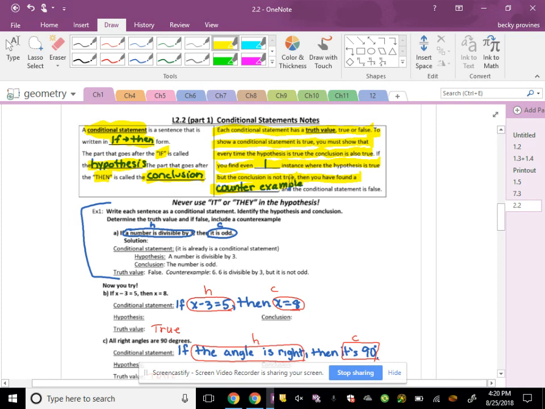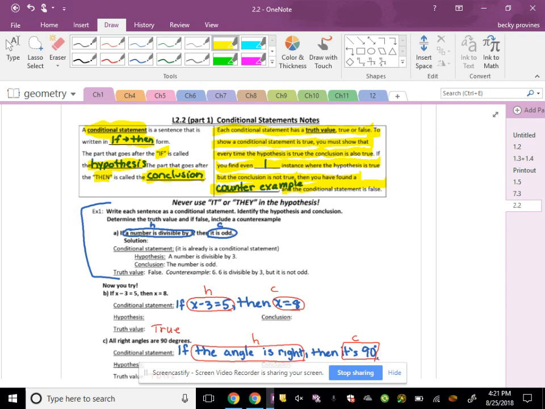That's important. If you can show me just one counterexample that proves it false, then you did your job. Even if you can prove it true 1,000 or 1,000,000 times, it doesn't matter. If you can prove it false once with a counterexample, then it's false. It doesn't matter how many times it could be true. It matters how many times you can prove it wrong.